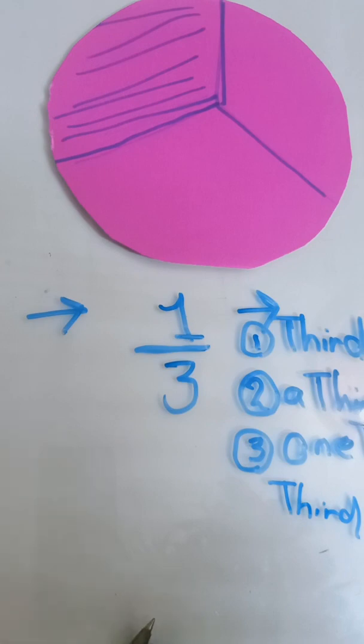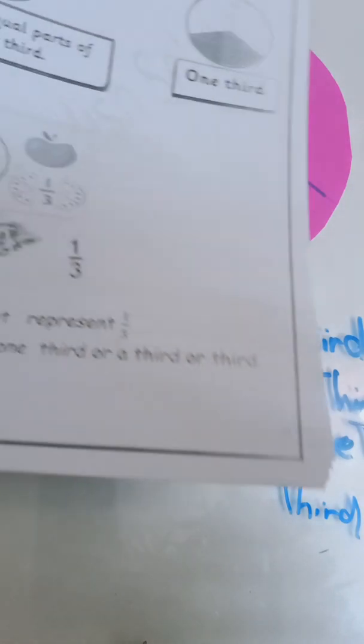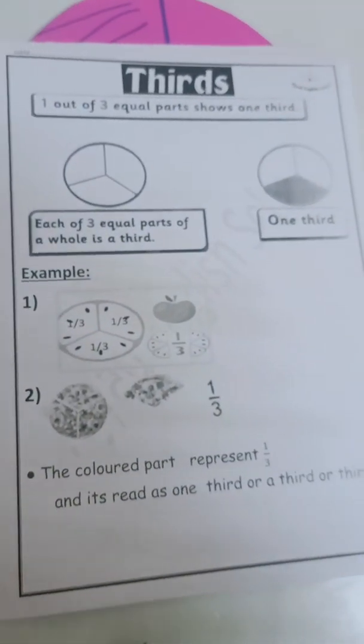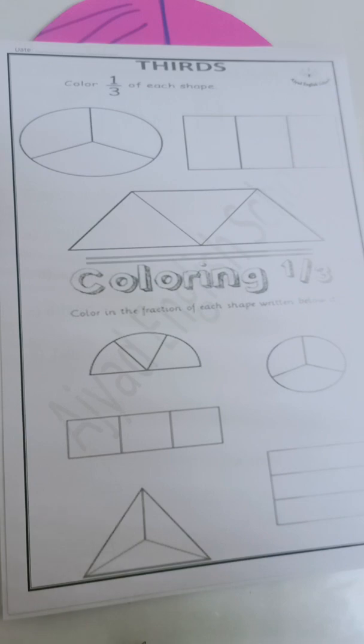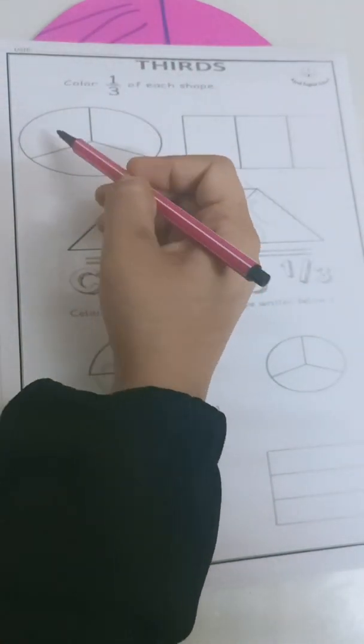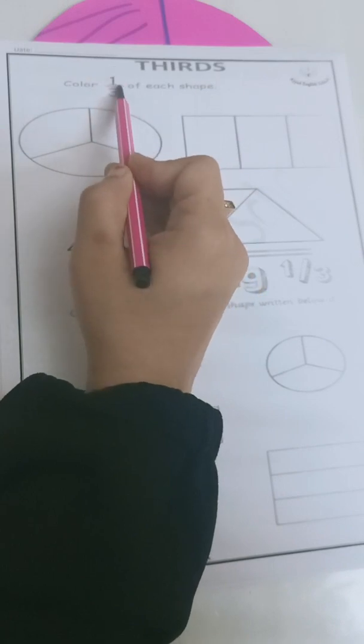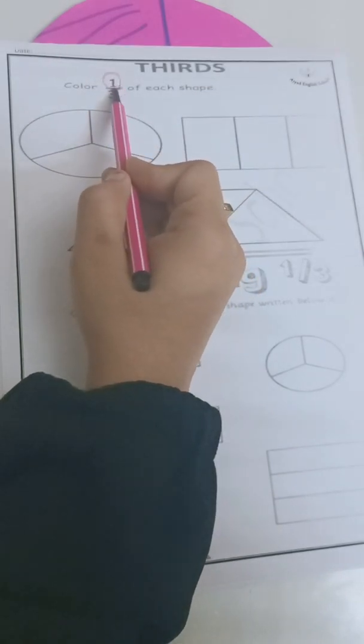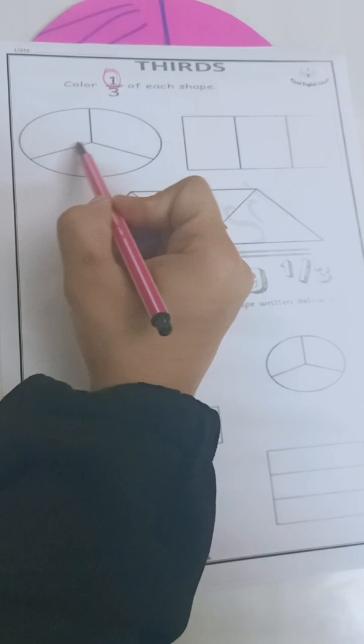Okay, look at your sheet. Here it asks me to color a third of each shape. So I will color one part. I will color one part.